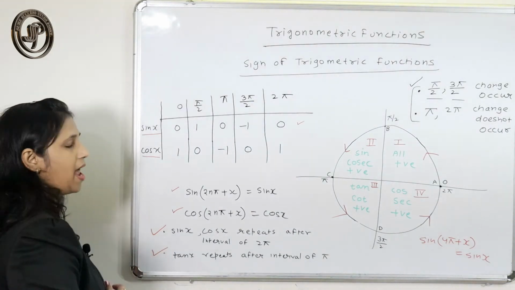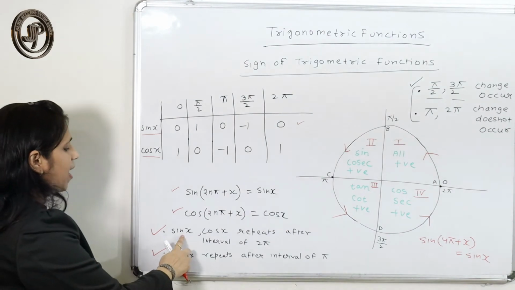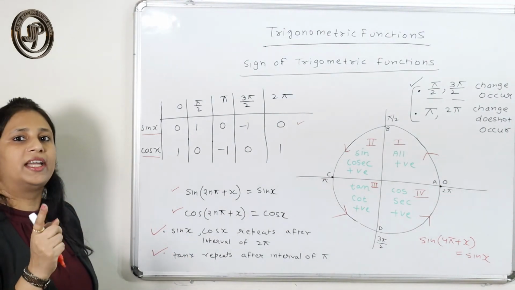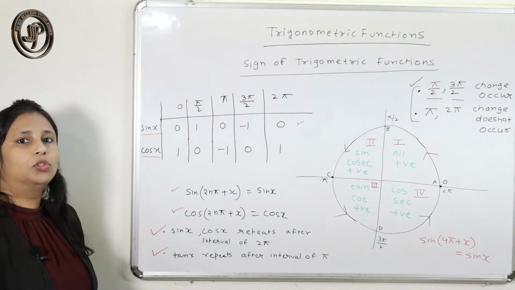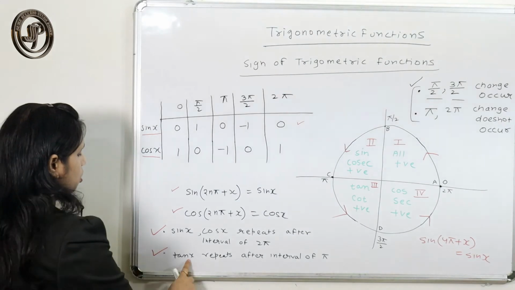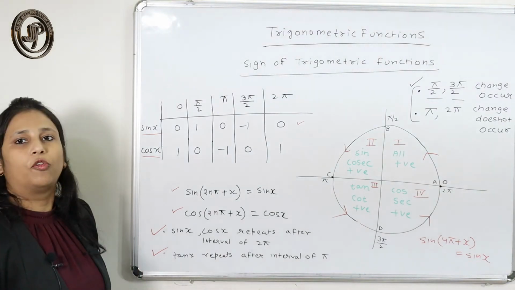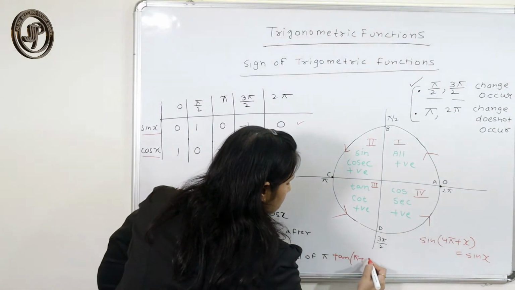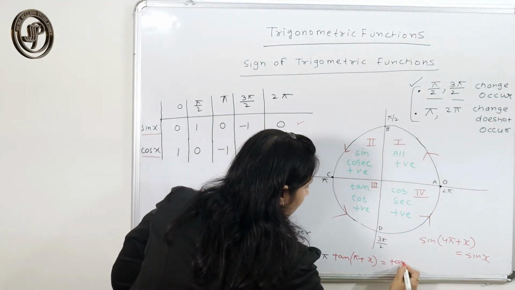Here comes tan. The same thing valid for sine is also valid for cosec, because sine and cosec are reciprocals of each other. So tan repeats after an interval of pi, meaning tan of pi plus x will be tan x.